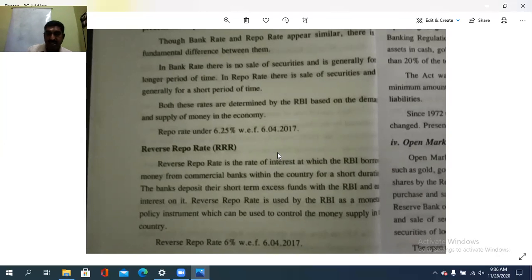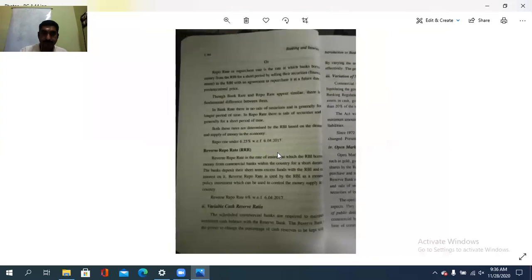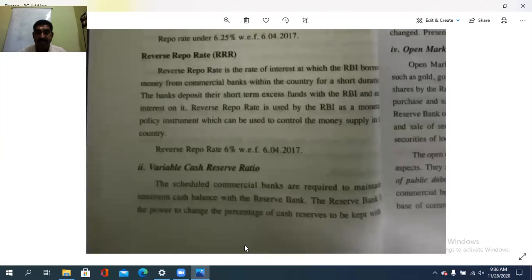Okay, അങ്ങനെ വാങ്ങിച്ചതിന് extra വരുന്ന amount, that is to be deposited as short-term excess fund with the RBI and earn interest. അതിനകത്തുനിന്നൊരു earn ചെയ്യുന്നു, വരുമാനം earn ചെയ്യുന്നു. That is the interest to be earned along with the reverse repo rate. That is the case with regard to the bank rate policy, the repo rate and the reverse repo rate.